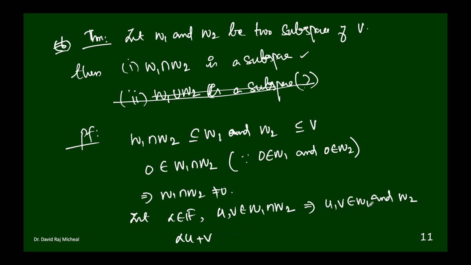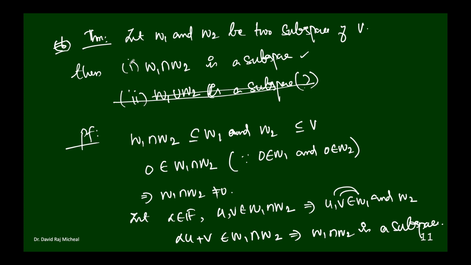Since u and v belong to W1 and alpha belongs to F, alpha u plus v must belong to W1, because W1 is a subspace. Similarly, u and v also belong to W2 and alpha belongs to F. Therefore alpha times u plus v must also belong to W2 because W2 is a subspace. So it must be there in the intersection. So alpha u plus v must be in W1 intersection W2. That makes W1 intersection W2 a subspace, using the previous theorem.